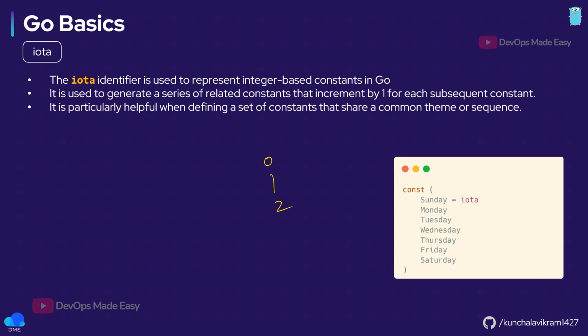Like Sunday, we know that it always starts from 0, the 0th day of the week. Monday is the first day of the week. Of course you can simply say Sunday equal to 0, Monday equal to 1, something like that, or else you can simply say equal to iota, so it will automatically increment by 1. So this is about variables and constants.